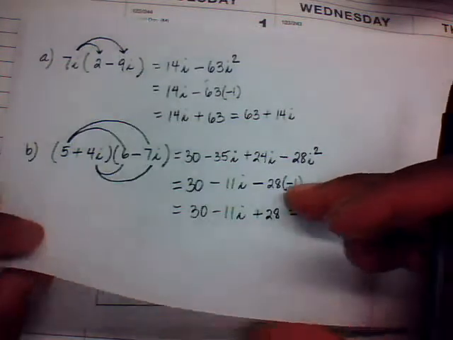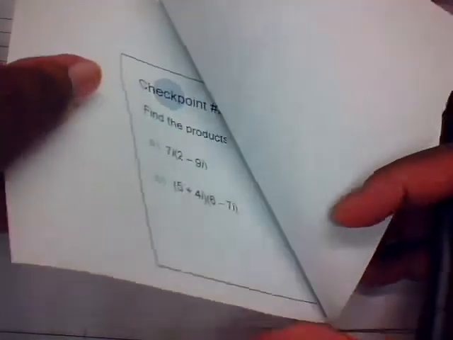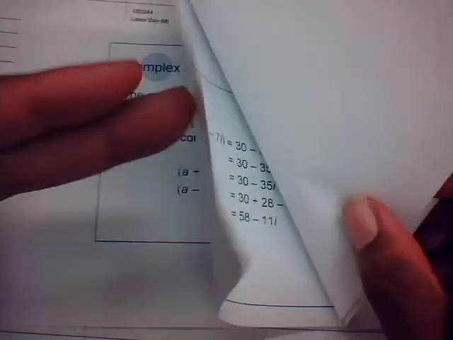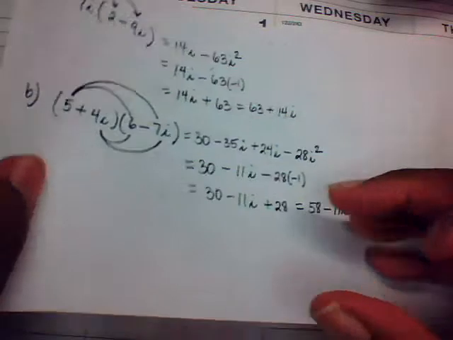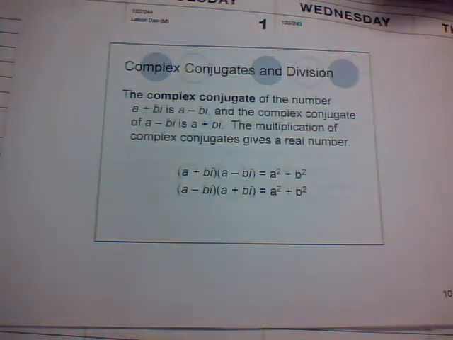All right, so far we talked about how to add, subtract, and multiply complex numbers. Now let's look at the next operation of complex numbers, which is division. To divide complex numbers, we're going to have to use what they call the complex conjugate.